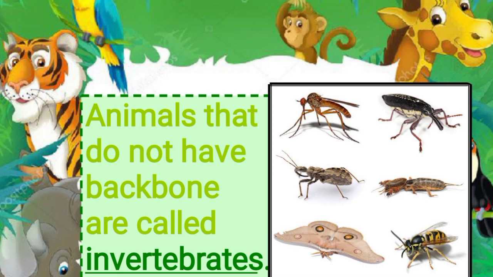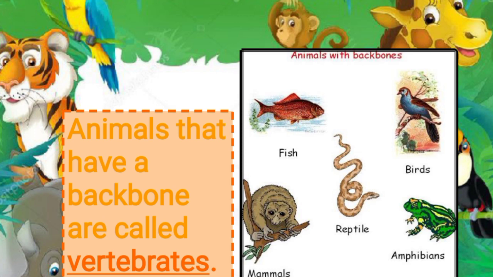A few insects such as mosquitoes and butterflies can fly. Now let's understand about vertebrates. All vertebrates have muscles and a skeleton that help them to move around easily and perform complex moves.